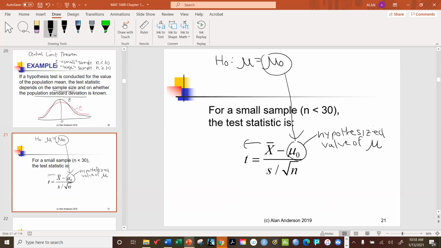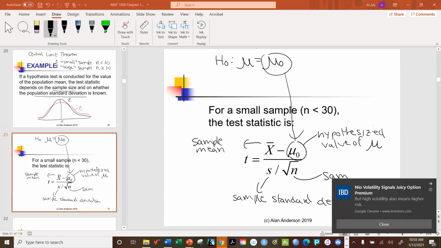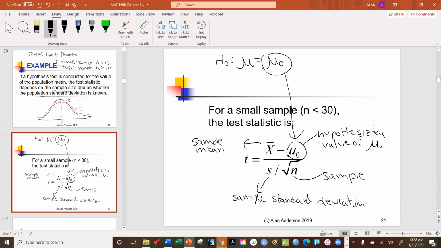Of course, x bar is our sample mean. Our old friend x bar is coming back. S is our sample standard deviation. And of course, n is our sample size. And t represents the t-distribution, of course.